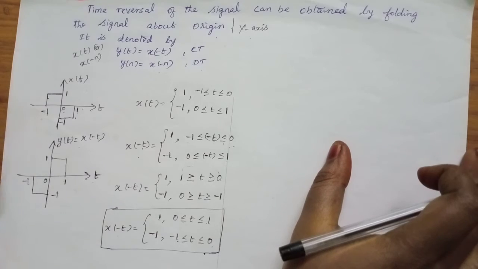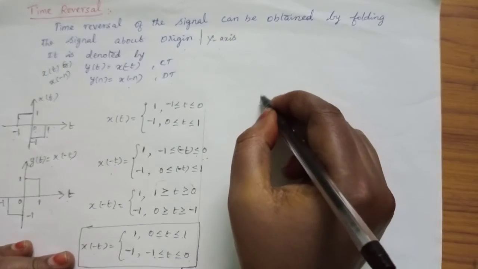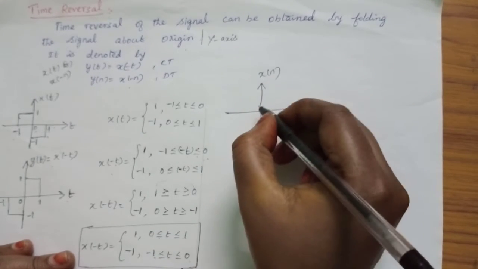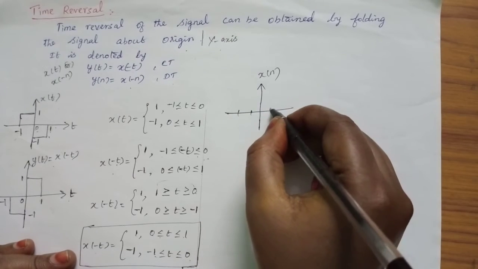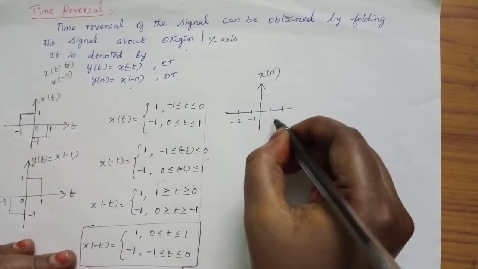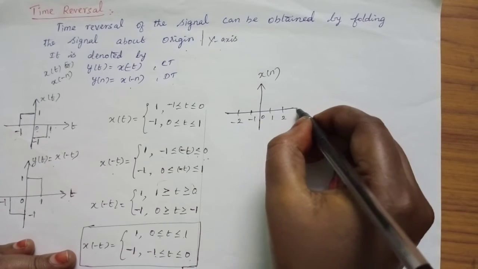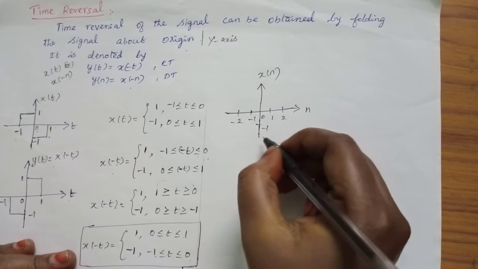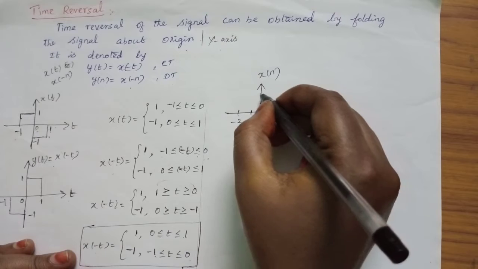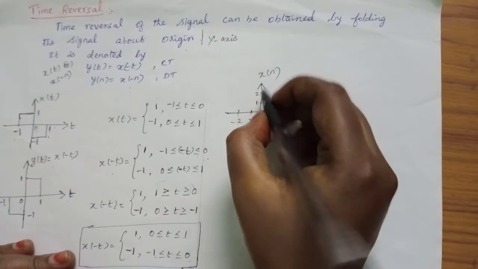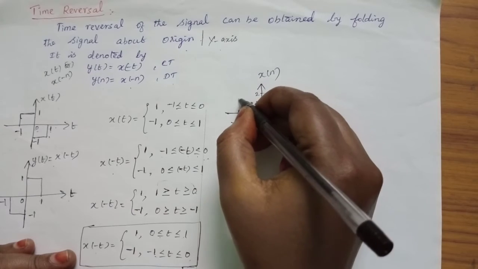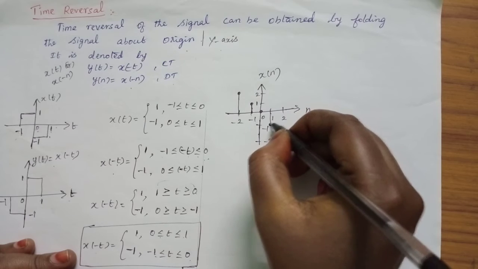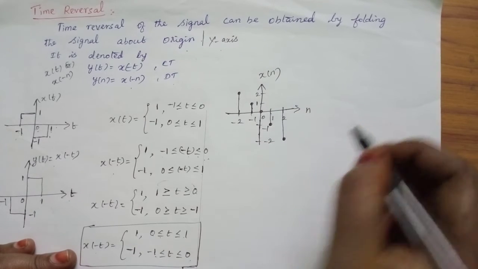Similarly, we can see one example for the discrete domain. So I will take one example signal, x of n. For example, I am taking this signal.